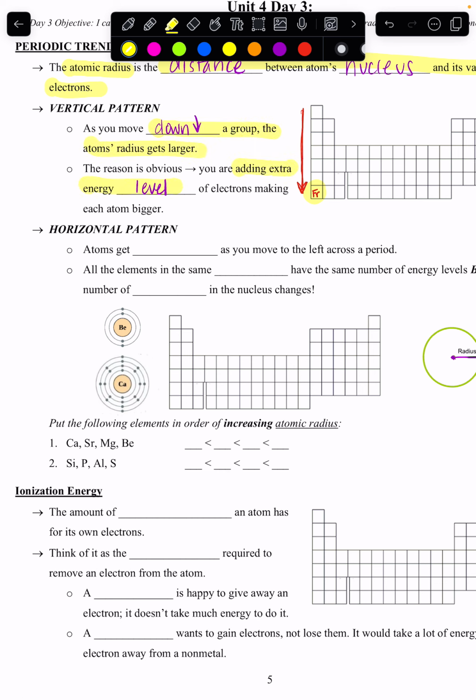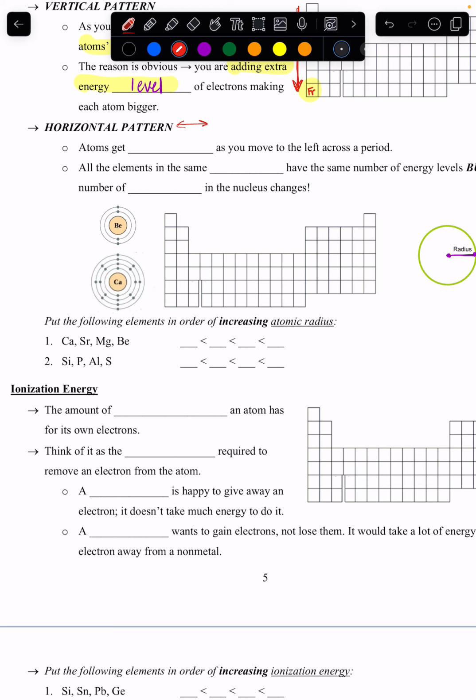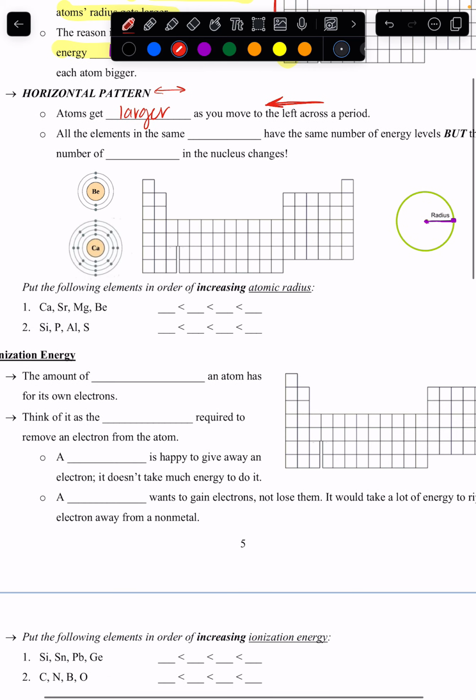Okay, my horizontal pattern, which is from left to right: atoms will get larger as I move to the left across a period. So as I'm going from the right to the left, I am increasing the size.